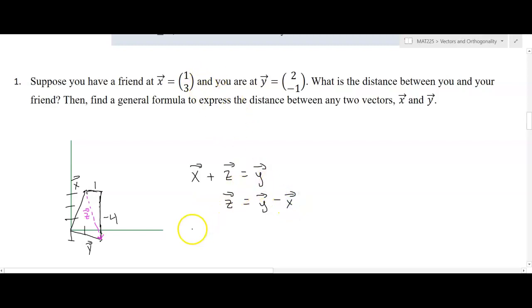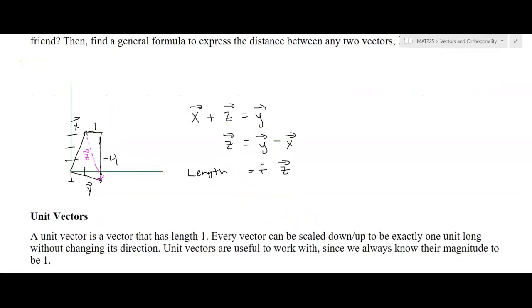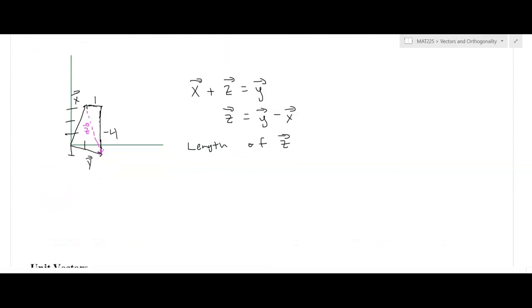Now, since I want the length of z, that's equivalent to saying the length of y minus x. So the length of z, by the equality, is equal to the length of y minus x. And the length of y minus x is simply the length of the difference between the two vectors.